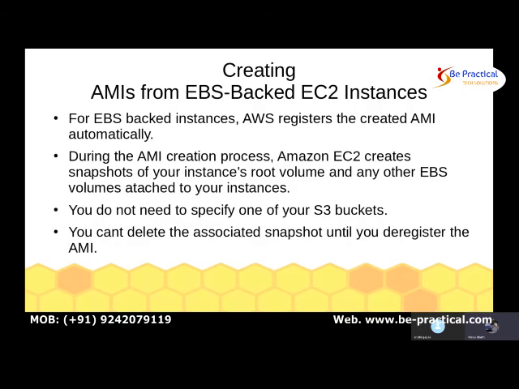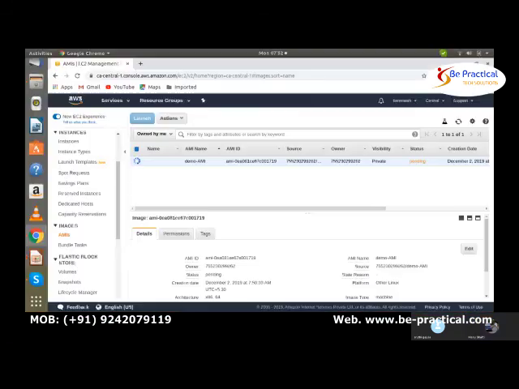So you do not need to specify an S3 bucket for creating the AMI of your EBS backed instance. You cannot delete the associated snapshot until you deregister the AMI.